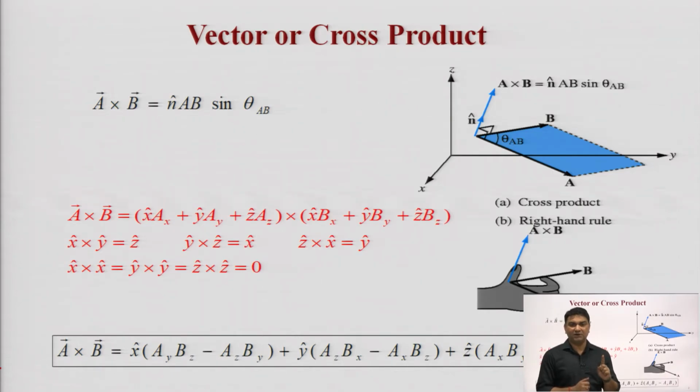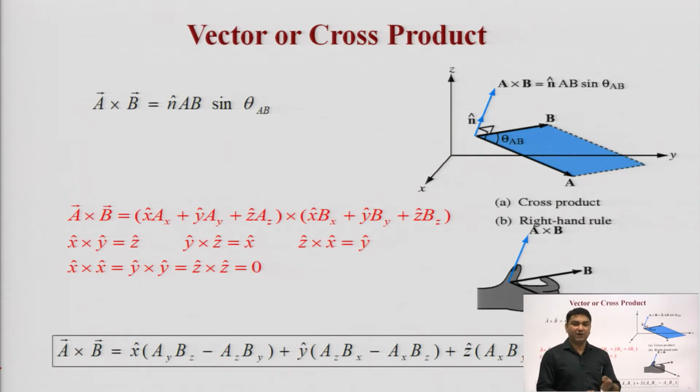First of all, the unit vector n represents that the cross product of the two vectors A and B is always a vector quantity, because this n cannot be removed from the multiplication of A cross B, because it denotes the direction of AB sin theta. Okay.